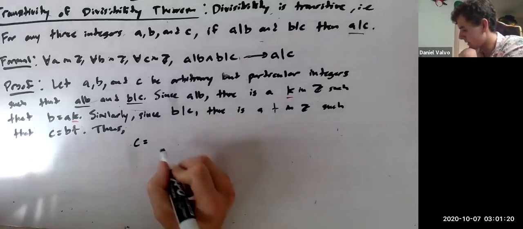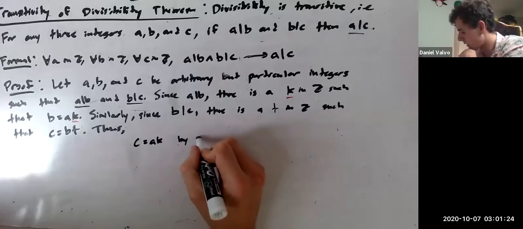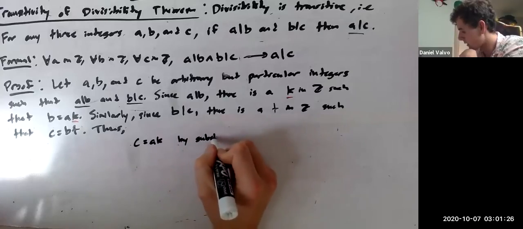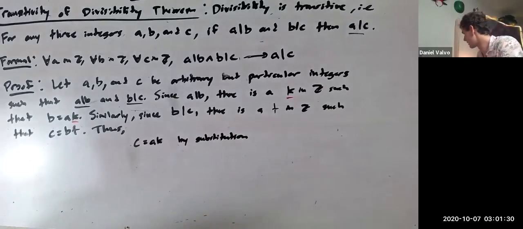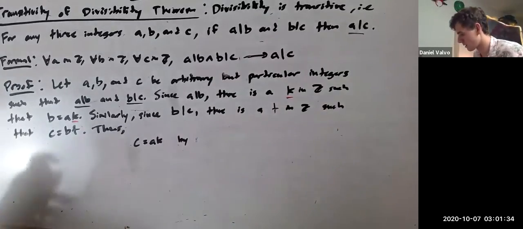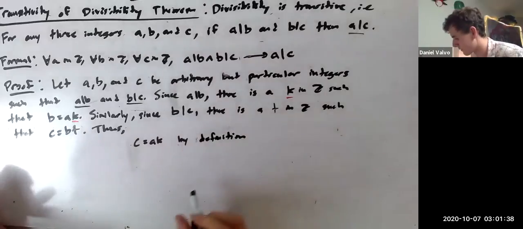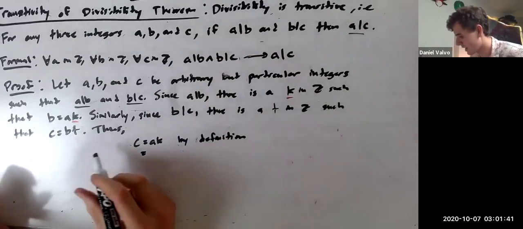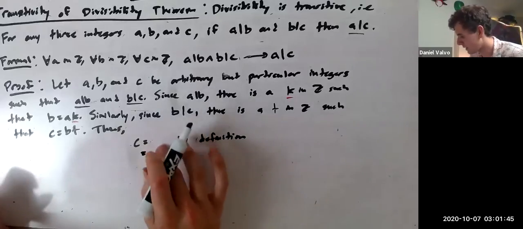So thus c equals bt by definition. I'm sorry, b equals ak, c equals bt, by definition.